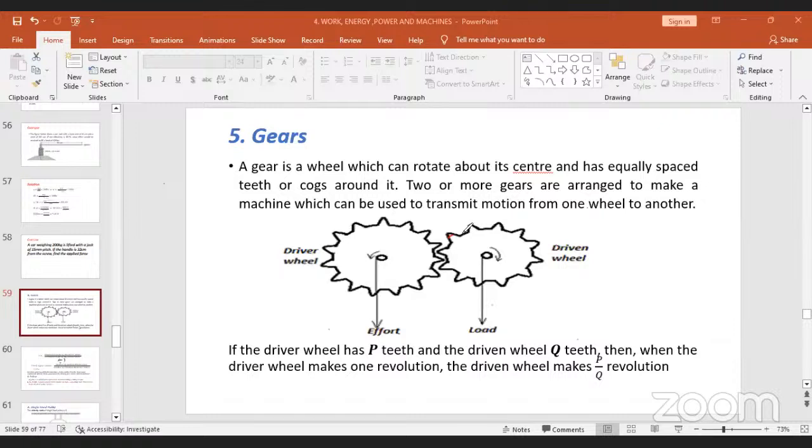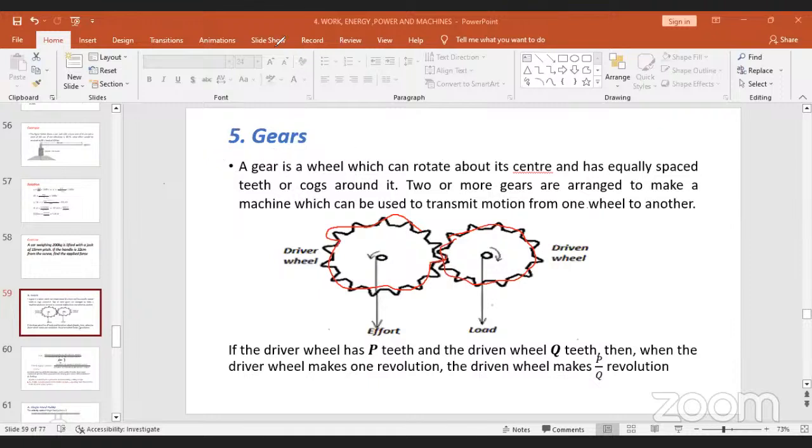Teeth or cogs. Yes, the teeth. Now, in that case, the driven wheel has got less teeth as compared to the driver. This is the driver. It has got more teeth.